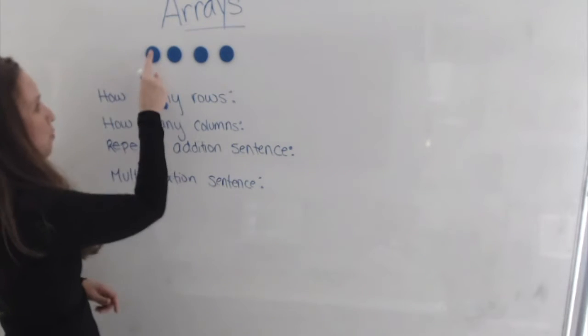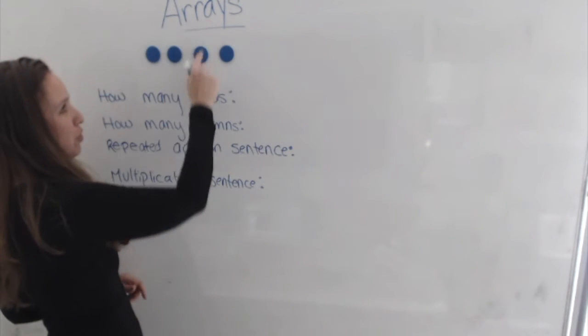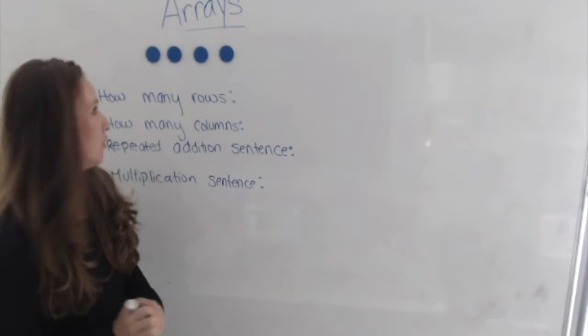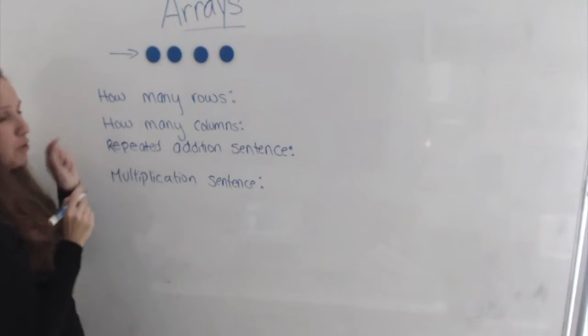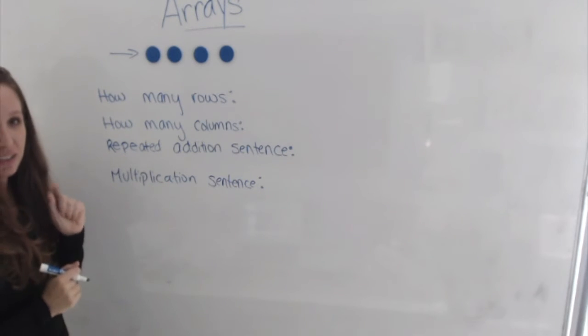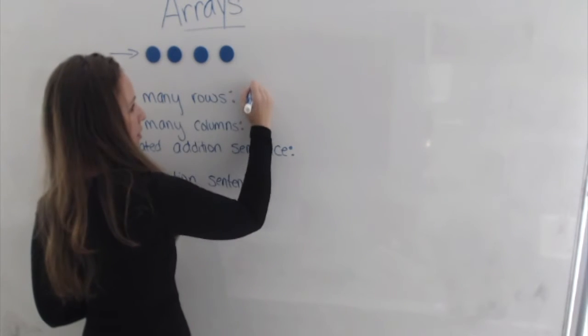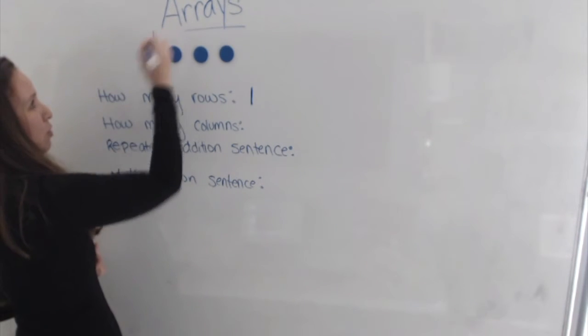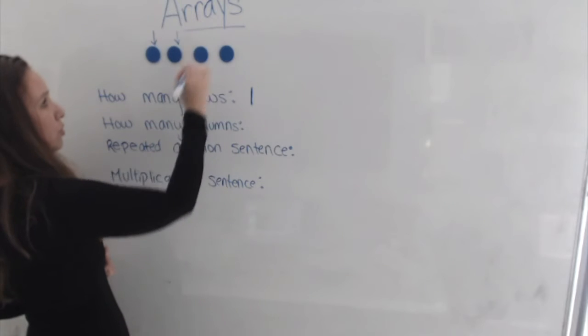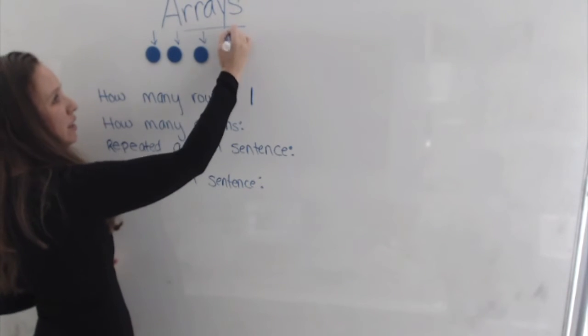We actually have 1, 2, 3, 4 columns. So how many rows do we have? How many times are we going in that direction? 1. How many columns do we have? How many times are we going down? 1, 2, 3, 4.